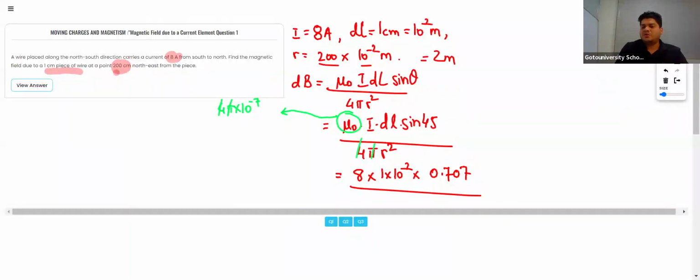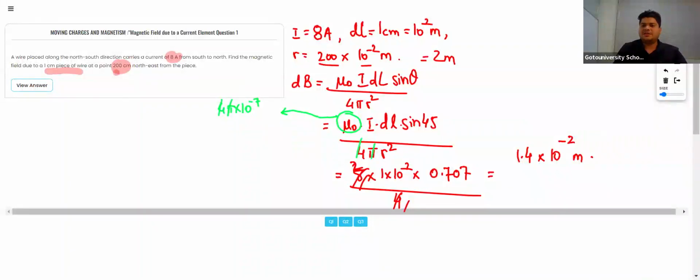So 2 square will be 4. So 2 into 0.707, that means it will be 1.4 into 10 raised to minus 2 meter.